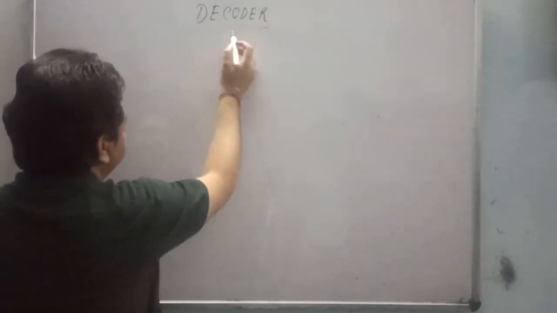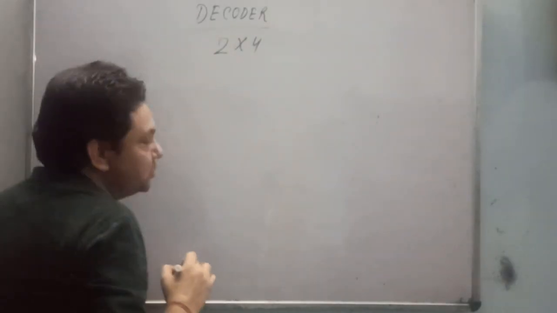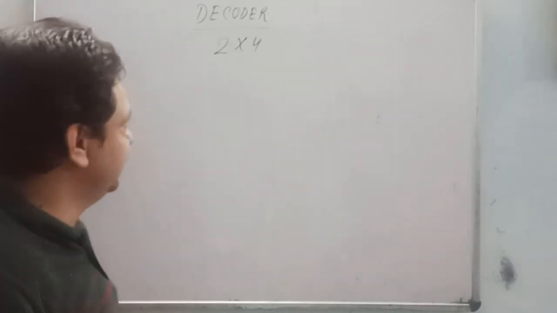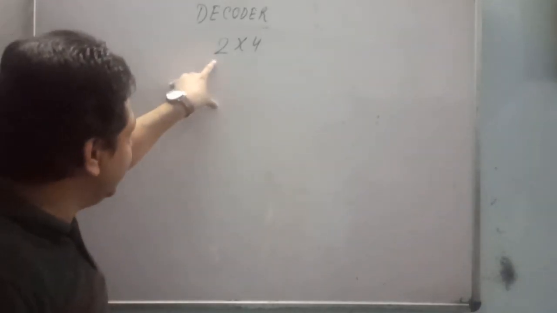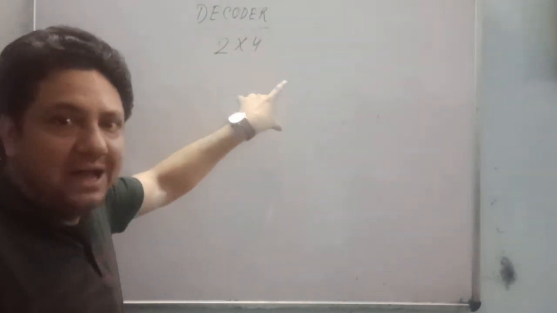My first example of decoder is 2 cross 4, meaning 2 input lines and 4 output lines. Input lines के अकॉर्डिंग आउटपुट लाइंस डिकोडर में जनरेट होती हैं बाय द फॉर्मूला.